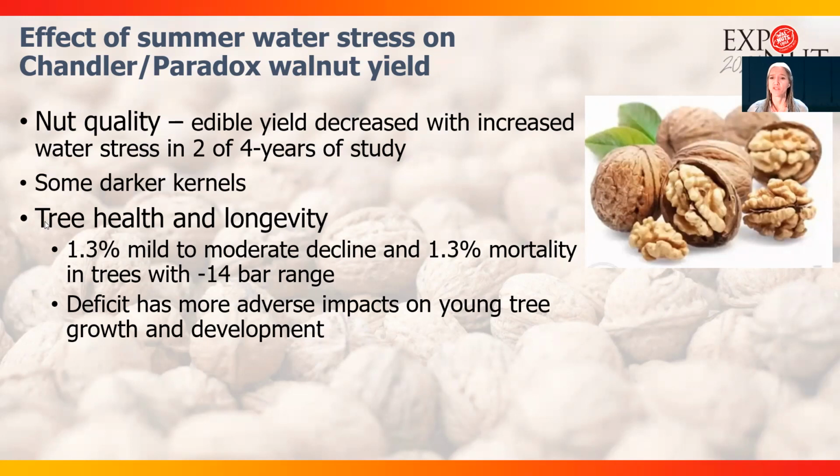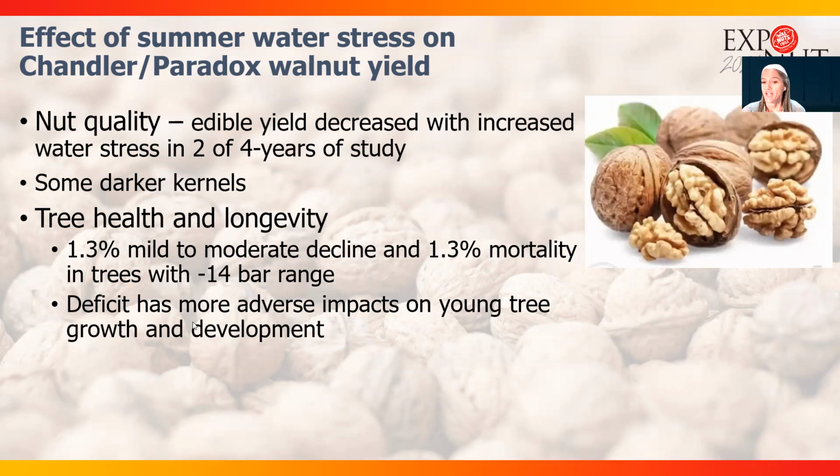And then in terms of the tree health and longevity of trees subjected to deficit irrigation in those trials, 1.3% observed a mild to moderate decline in the tree health and longevity, and the same percentage, 1.3%, there was mortality in trees that were maintained in a greater than -14 bar range.